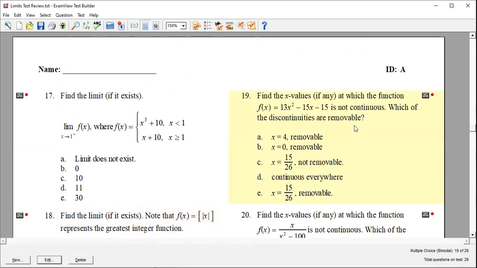Poles or asymptotes. So I have to have what to start with? A fraction, right? Do I have a fraction? This is continuous everywhere. Don't make it harder than what it is. Okay. Again, to have a hole or a vertical asymptote, I have to have a fraction.